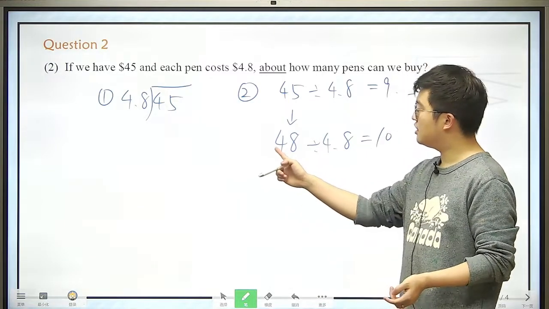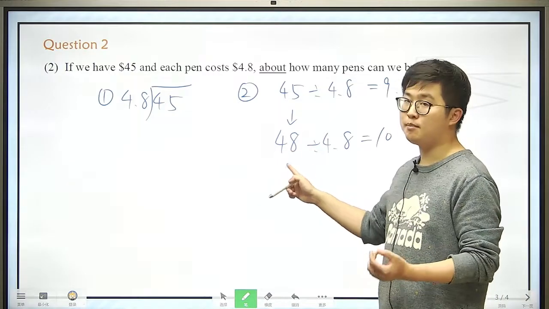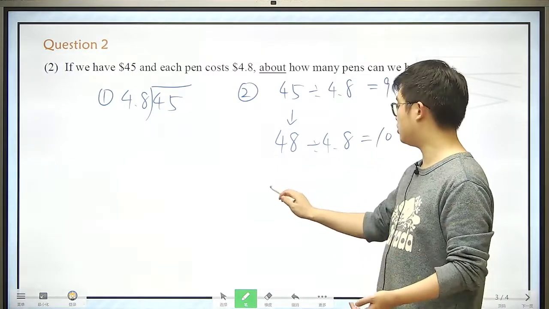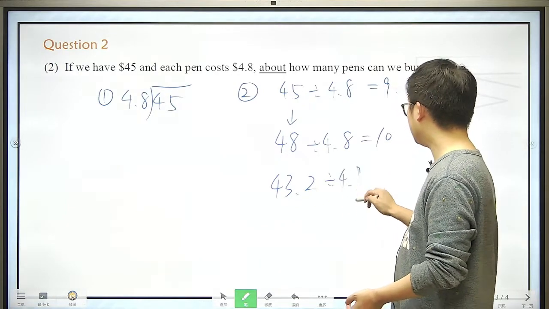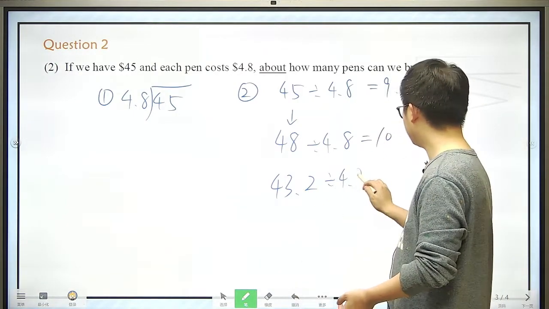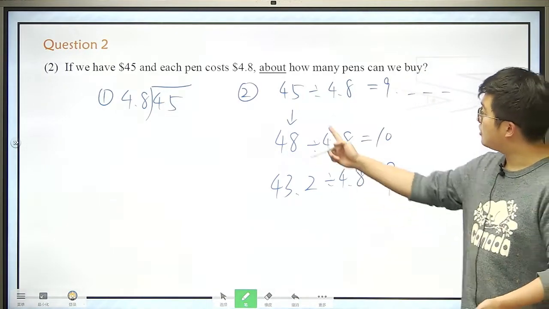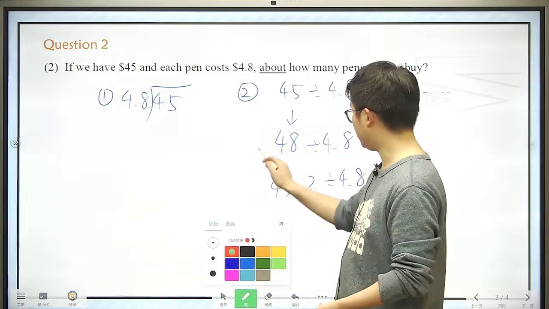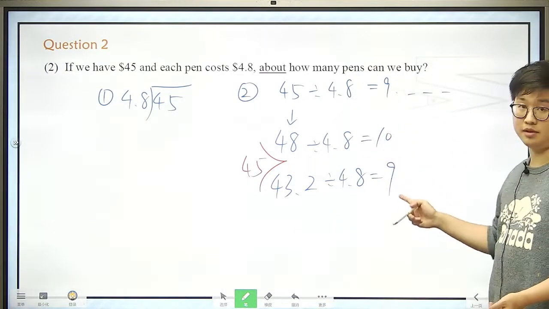We know that 48 divided by 4.8 is 10. So this minus 4.8 goes to 43.2. Sorry, it's 9 times of this. Now, 45 is between these two numbers, so the answer is between these two numbers.